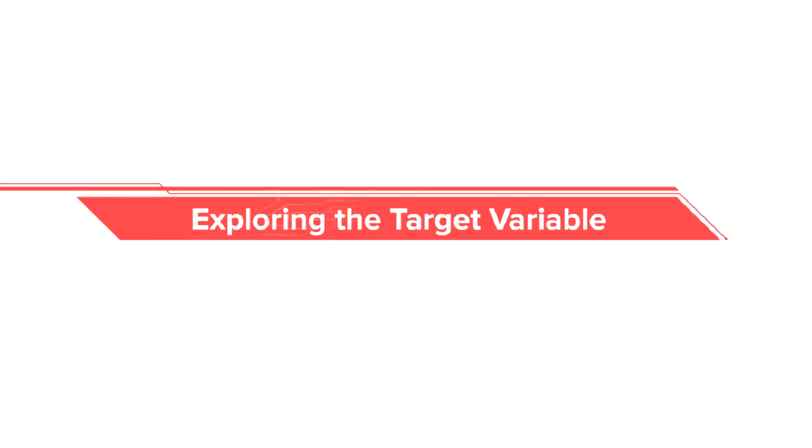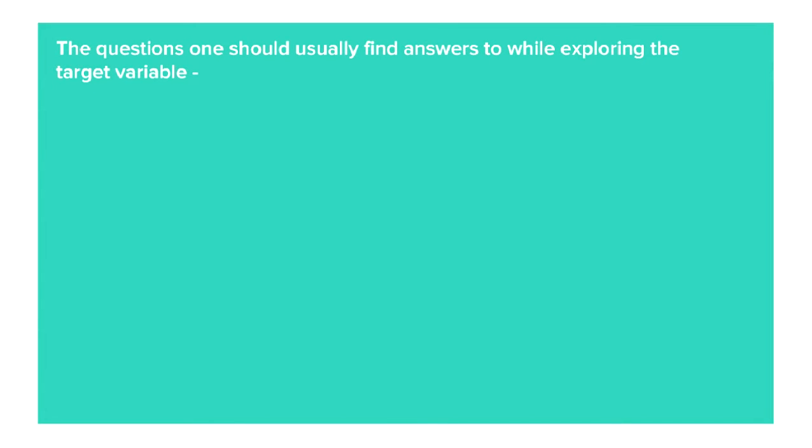So now let's begin with understanding our target variable, as this is the most important variable in our dataset, and our modeling will be about predicting this variable. Let's have a look at the questions one should usually find answers to while exploring the target variable. What information does this variable represent?